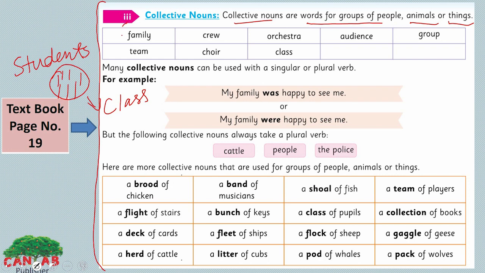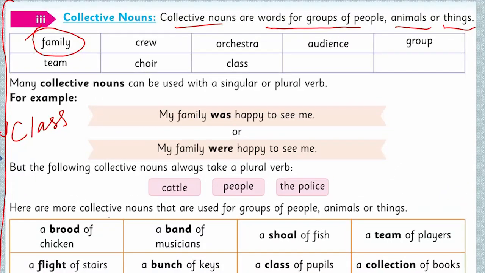Like siblings and parents come together in the form of a group, it is called a family. When players come together, it is called a team. The group of dancers or actors is called a crew. When a group of people play different musical instruments, it is called an orchestra.